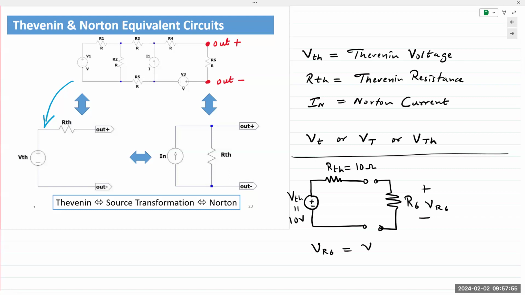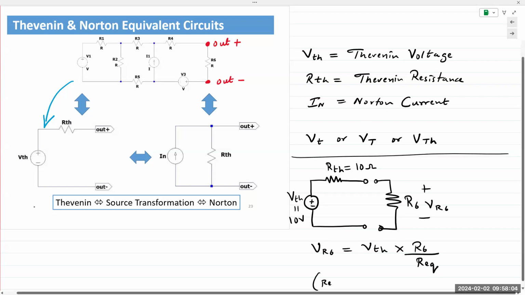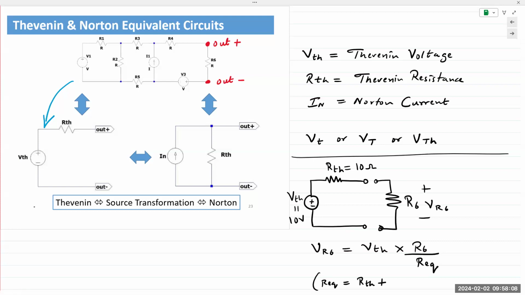VR6 from voltage division would be VTH times R6 over REQ. REQ in this case would simply be RTH plus R6.